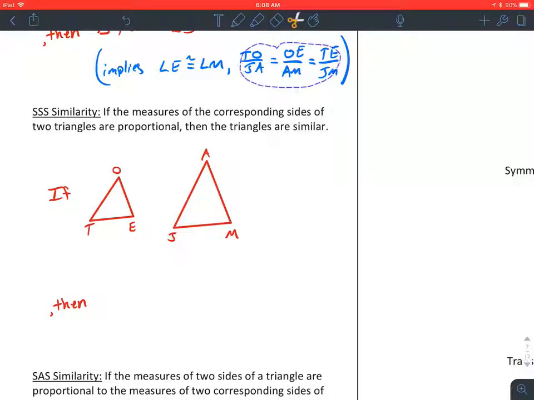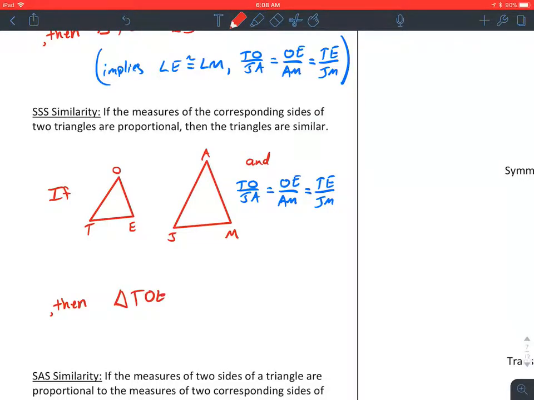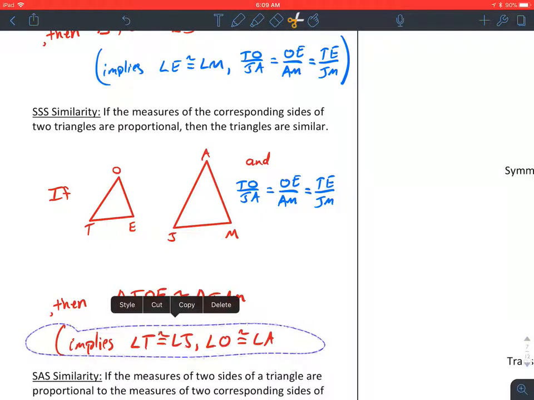So this is saying that if you have this picture of two different triangles, and we know that corresponding sides are proportional, then we know that triangle TOE is similar to triangle JAM. This also implies, since they're similar, that the corresponding angles are congruent to each other. Just reminding you once again what it means to be similar.